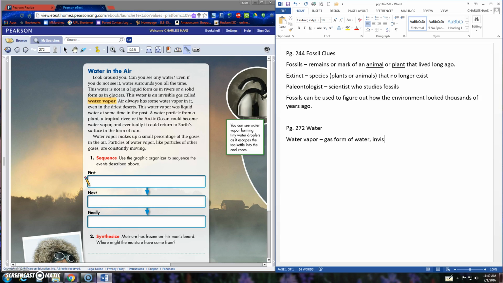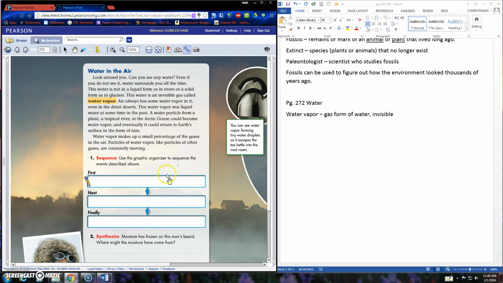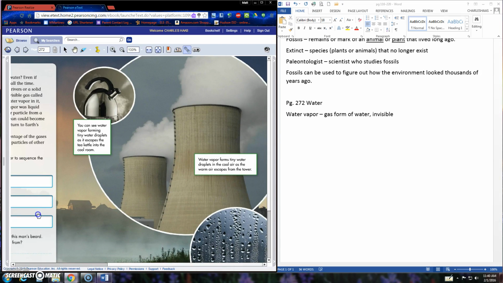It is invisible. You can see water vapor forming tiny water droplets as it escapes from the teapot kettle into the room. Water vapor forms tiny water droplets in the cool air as the warm air escapes from the tower.